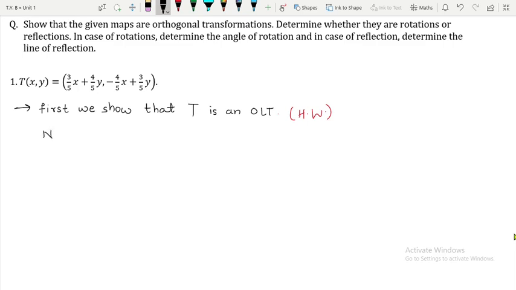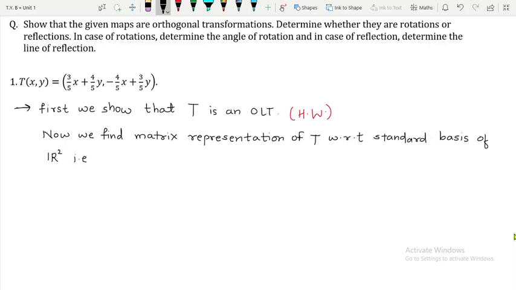So now we find the matrix representation of T with respect to the standard basis of R2. What is our standard basis of R2? E1 is equal to (1, 0) and E2 is equal to (0, 1).